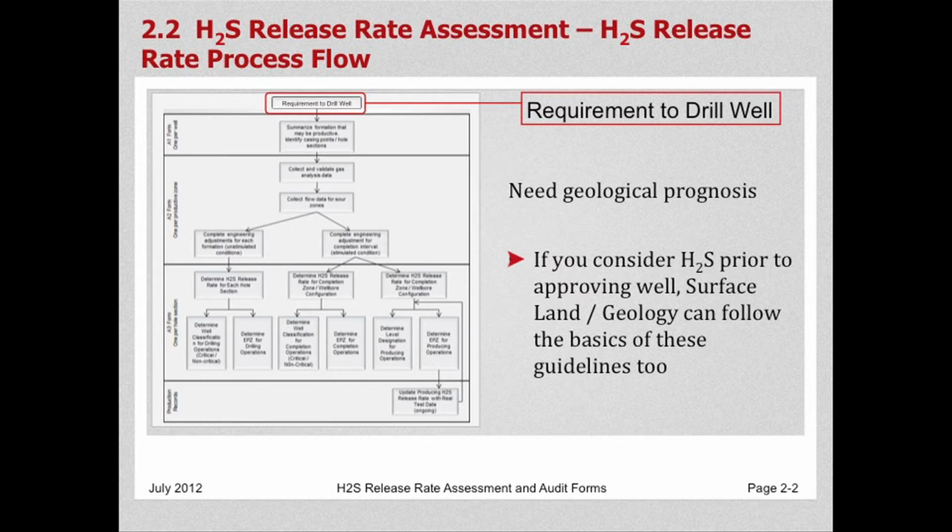In order to do that, have your geological prognosis on hand. The H2S search will guide you along, but without that prog you're swimming upstream. You need that geological prognosis, and it needs to be a very reliable source of information for the geology that you're going to encounter.